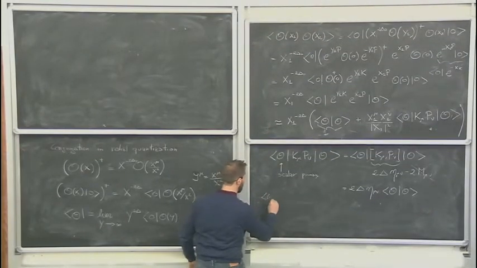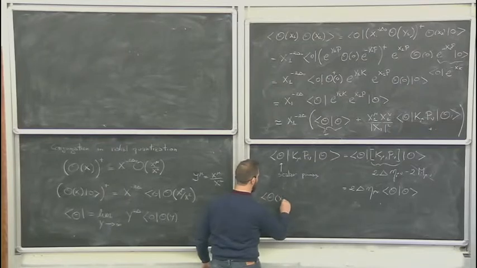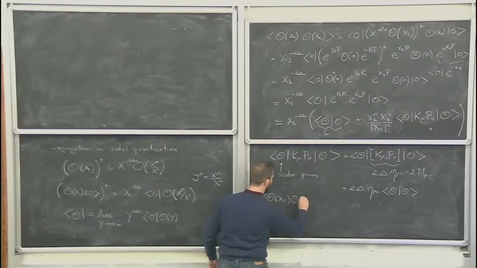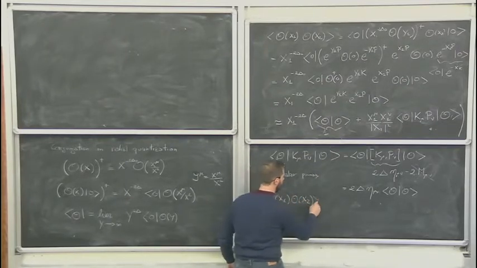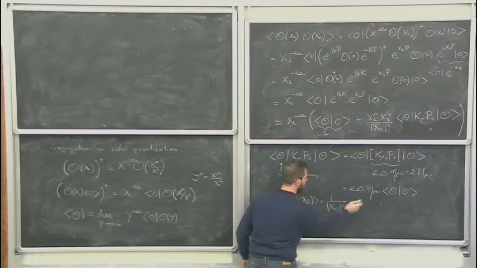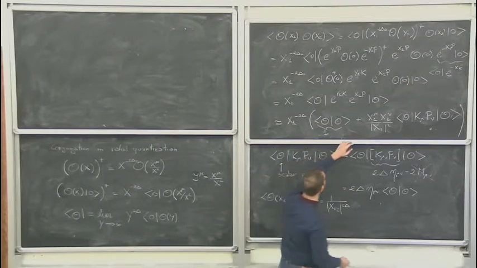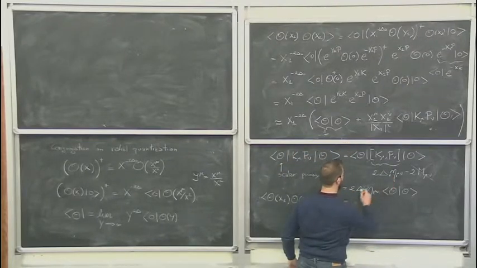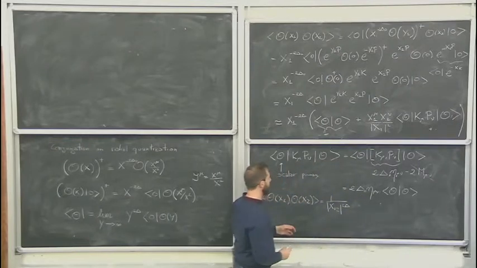You can compare with the usual expression of the 2-point function, which is 1 over x12 to the power 2 delta. Here delta was always delta O. I forgot to put labels somewhere, but it's always the same.